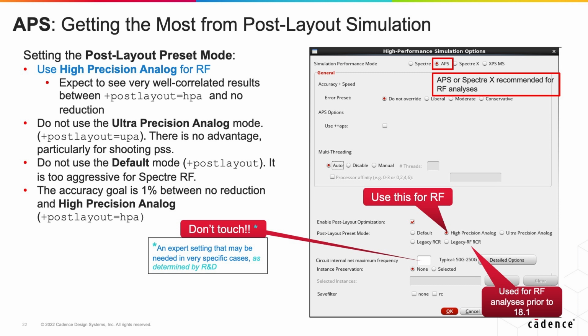So always, if it's a post layout netlist in APS, enable this, and then you get all these post layout optimization choices. Always use HPA for RF. Prior to Spectre 18.1 this would have been the choice, but since none of you are on 18.1, you are on 20.1 or 21.1, use HPA.